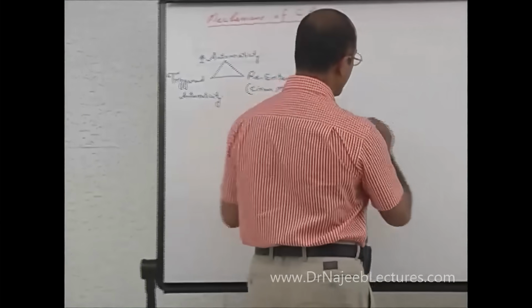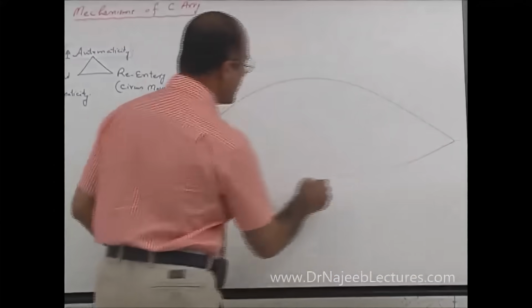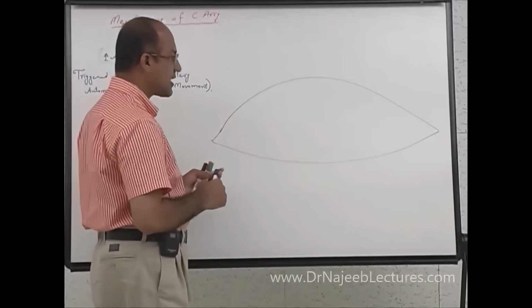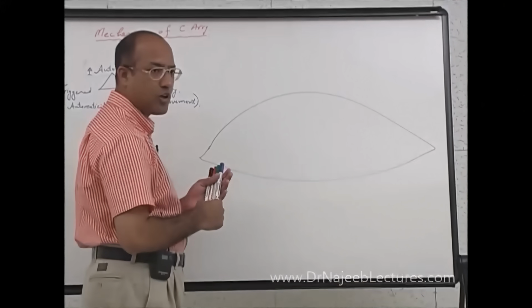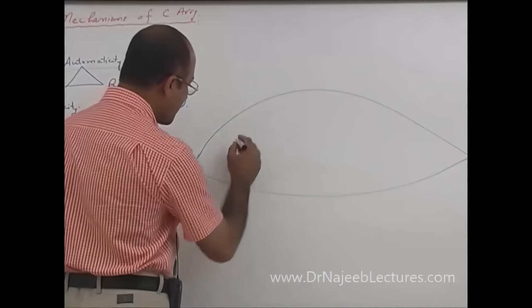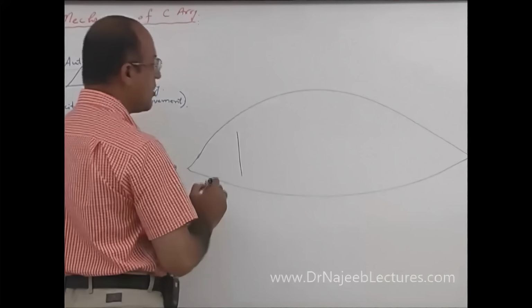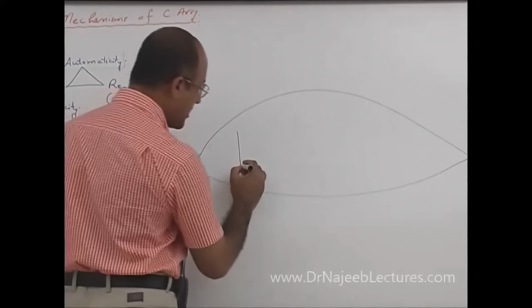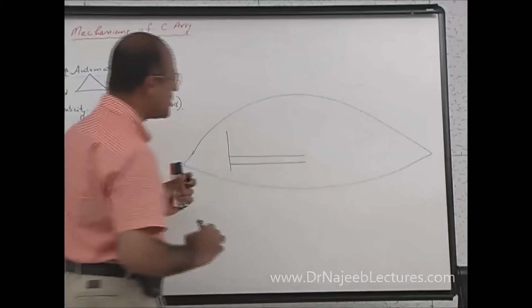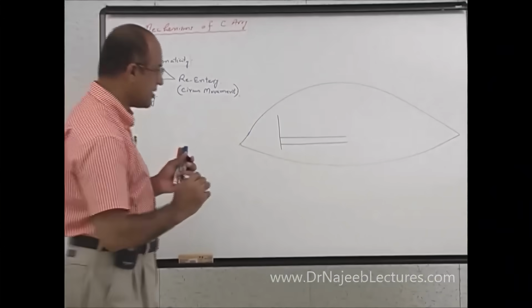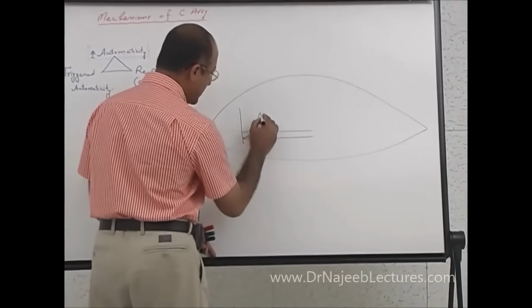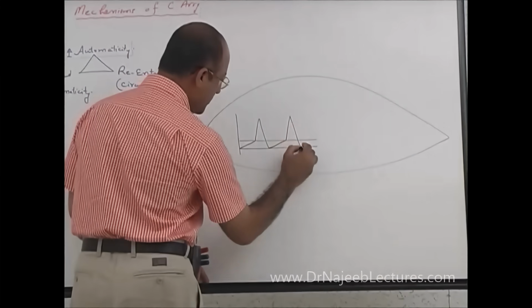Let's suppose here is a cell of the SA node, and as we have discussed in previous lectures on the electrophysiology of the heart, the SA node works as a pacemaker because it has a tendency to undergo depolarizations spontaneously. I am drawing here the electrical activity of the SA node.